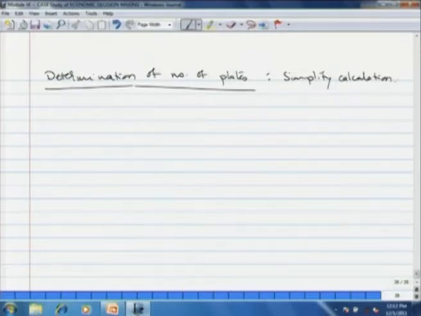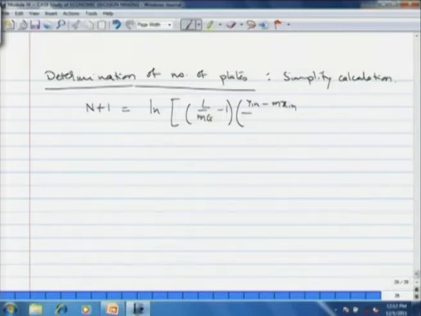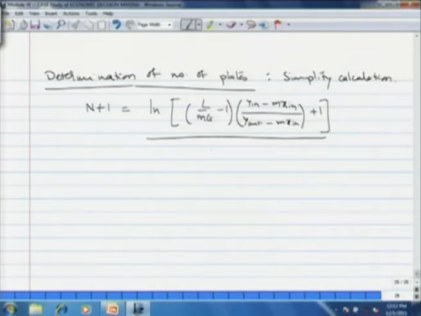I will write once again the complete equation, and let us see whether we can simplify this equation with certain reasonable assumptions.